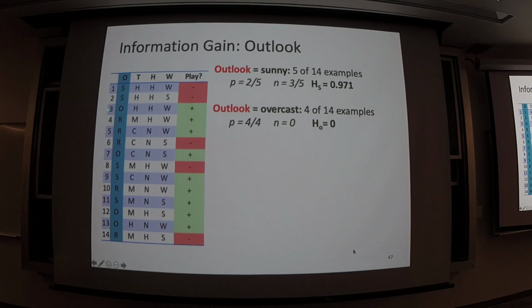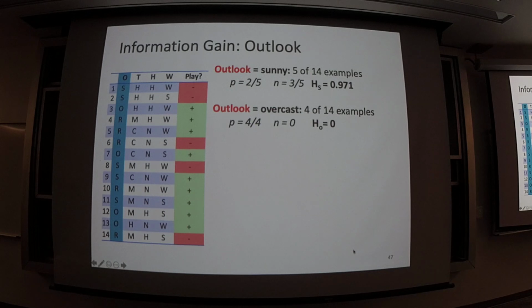You can see example 3 positive, example 7 positive, example 12 positive, example 13 positive. So all the examples are positive. What's the entropy? 0, right? You don't need to apply the formula, it's just 0.